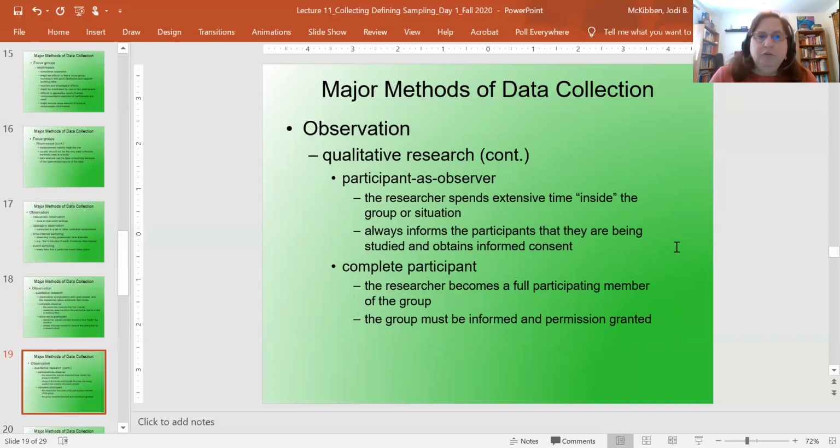Or the researcher might spend extensive time, not excessive, extensive time inside the group or situation. And then you also have to obtain informed consent. Okay. Or the researcher becomes a full participating member of the group and the group must be informed and permission granted.